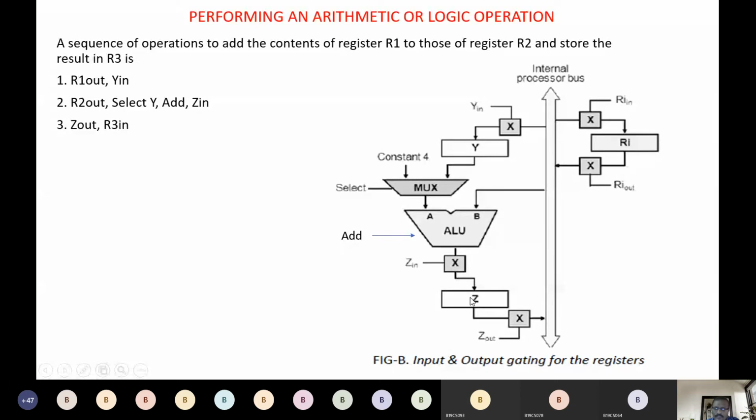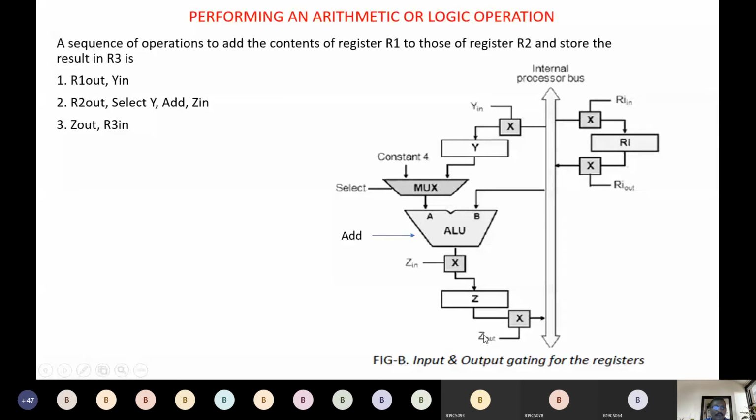Next, where do we need to send this Z value? We need to send it to the third register R3. Because what we have done is the sum of R1 and R2, since our question is to add the contents of R1 and R2 and store in R3. How do we send the value stored in the Z register into the R3 register? We need to use another signal, Z out.